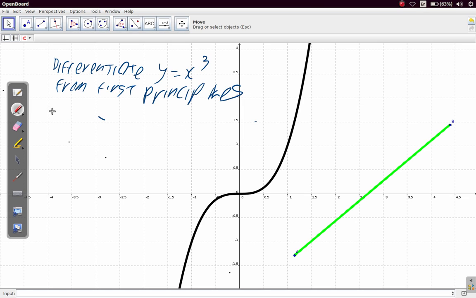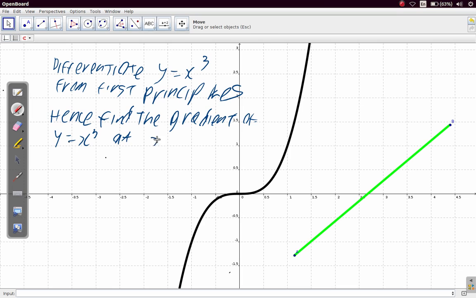And then what I want you to do is hence find the gradient of y equal x cubed at x equals 0, x equal -1, and x equal 1.